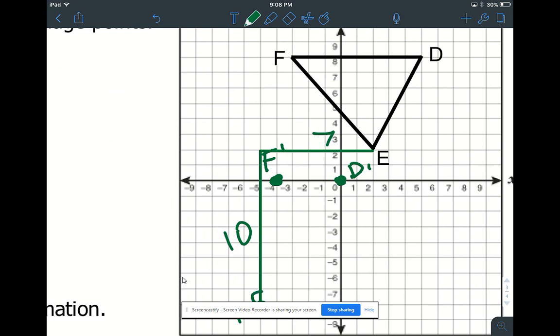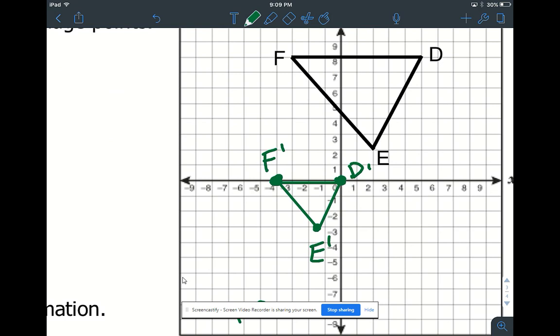So we went up 1, 2, 3, 4, 5. And then we need to go 3.5 to the right. So 1, 2, 3 and a half. So that's going to be in between the 2 lines. So there's E prime. And then connect the dots to give us our dilation.